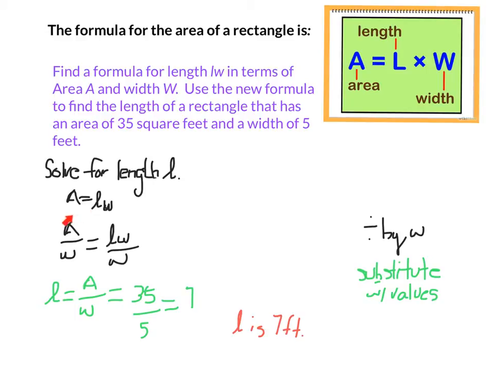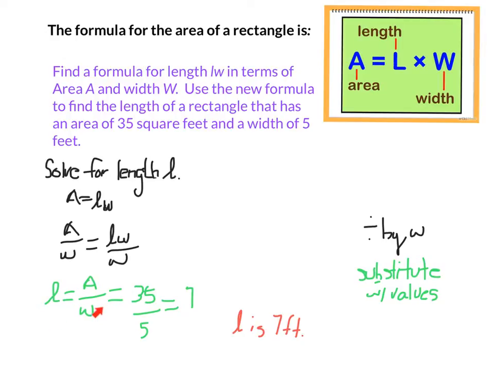So we have area equals LW. That was what this formula here says. And we have L equals A over W. Now that we know the formula is A equals LW, the first thing we're going to do is divide by W and get rid of the W on the L side.